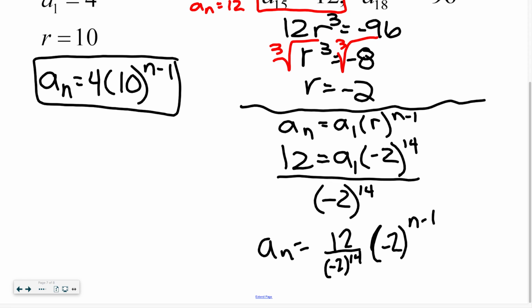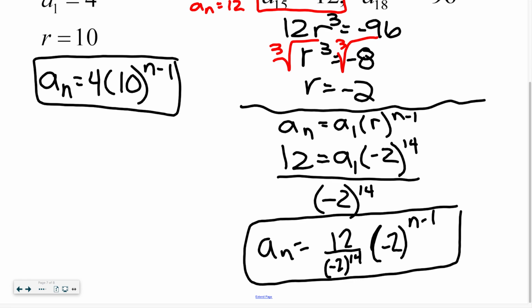Now, technically, there could be some simplifying because we have the same base, so we could subtract our exponents. But I'm also okay with this, because this number is so big and this number gets so small that I just wrote it as a fraction. If you want to do negative 2 to the 14th and write that really big number, you can. It's just 16,384.